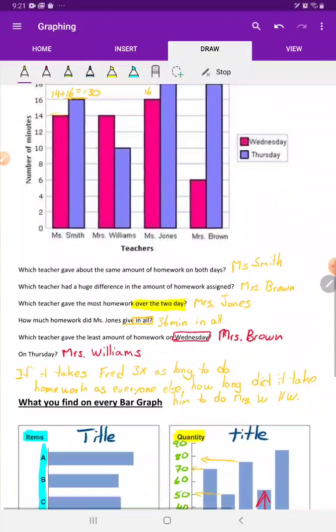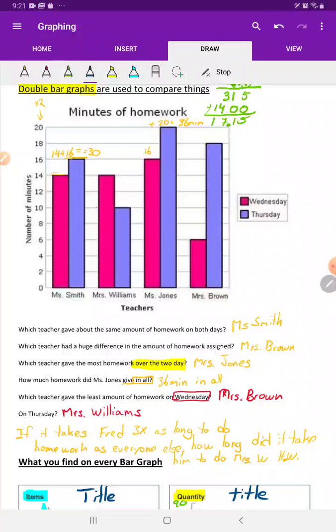All right, now this is a multi-part question, and I'm just going to write it up here. So the first thing is we have to know how much homework Mrs. Williams assigned. So we have to go 14 and we have to go 10, and we have to add them together. So Mrs. Williams assigned 24 minutes of homework. Okay, that's what she gave, was 24 minutes of homework.